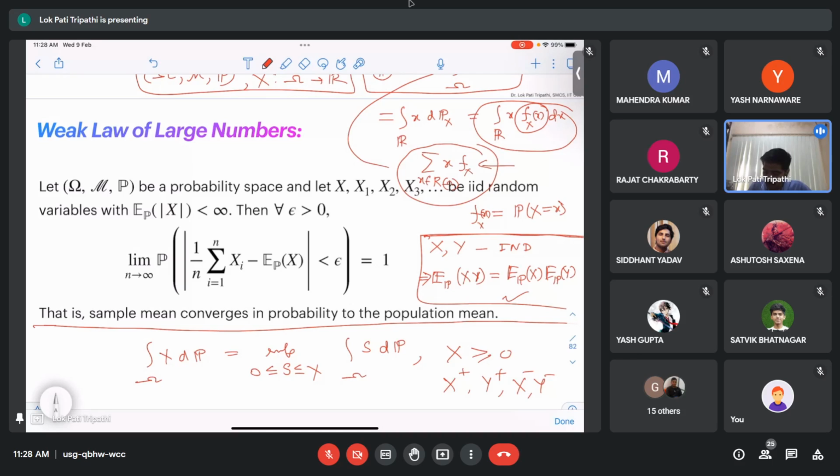And of course if you consider x plus and y plus, you can give the definition of expectation by using this definition. Similarly you can define the expectation of x minus, and after that you need to combine.